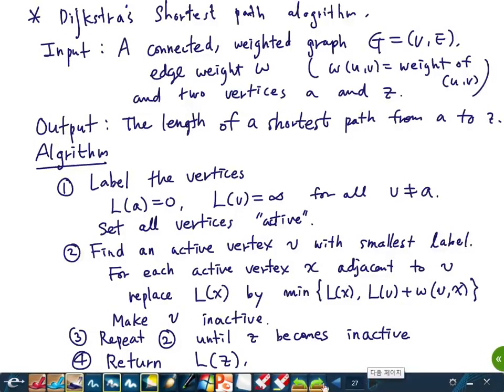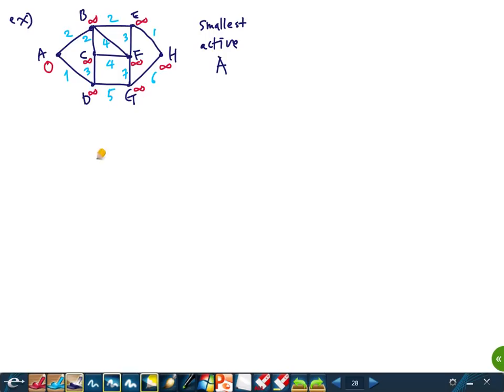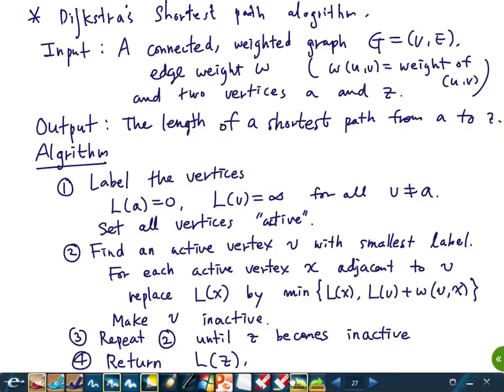Just to make you understand this better, I'm going to redraw this again. But now I'm going to omit the vertex names. So this is 0. Now we have to update this. With what? Update this label by the minimum of the original label and L(V) plus the weight.